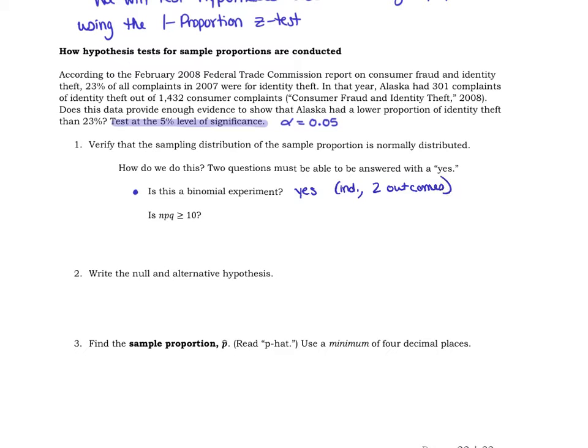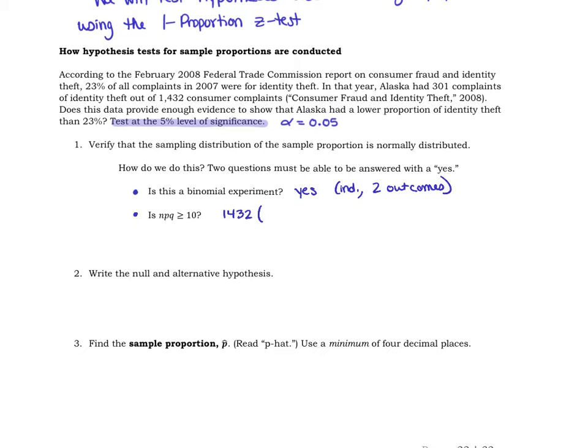And then the other thing you need to check, and this is just to ensure you have a large enough sample that your distribution will be binomially distributed, you need to check if n times p times q is greater than or equal to 10. So remember, n is your sample size. So they sampled 1,432, or they had 1,432 complaints.